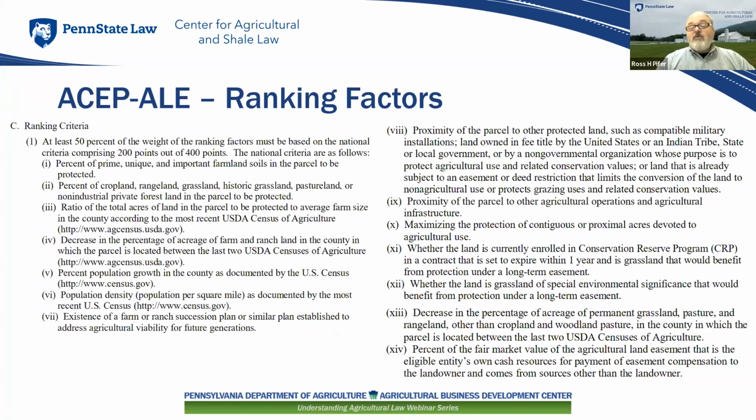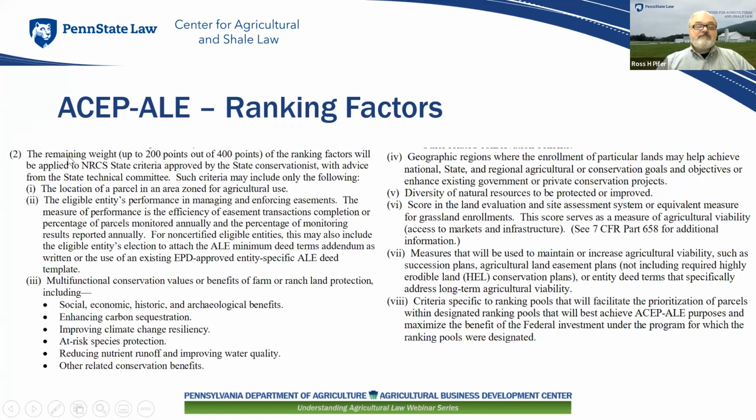So there are 400 points. These applications are going to be scored out of 400, and at least 200 of those points are based on this national criteria. So same criteria everywhere in the country. But when you look at the remaining weight, the remaining points out of 400 is up to the state conservationist.